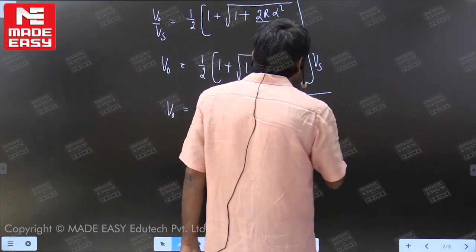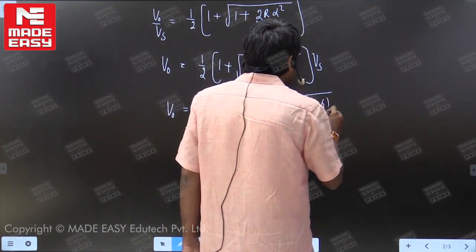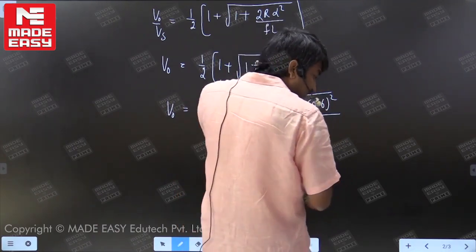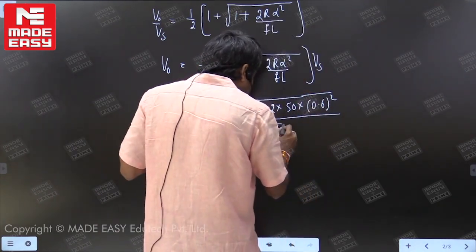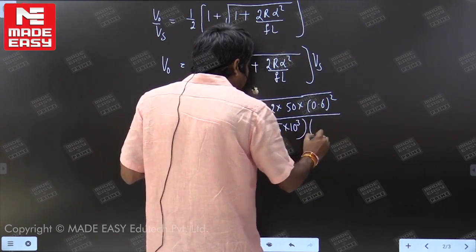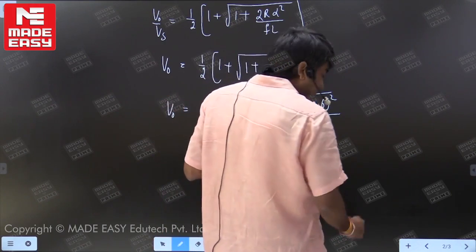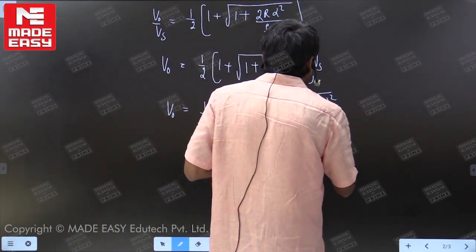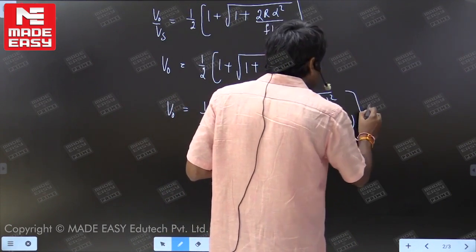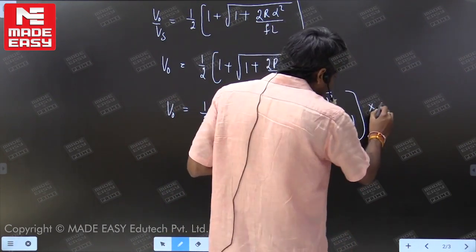Alpha is 0.6, 0.6 whole square, by frequency. Frequency is 15 kilohertz, so 15 into 10 power 3, into the value of inductance, 100 microhenry, into supply voltage of 20 volts.